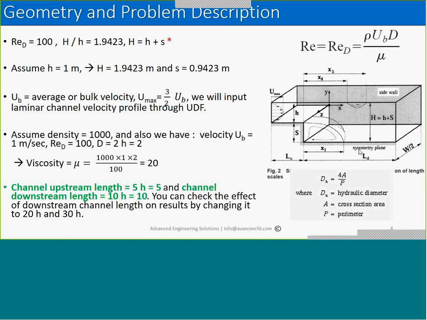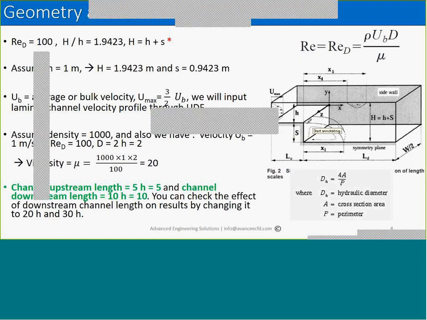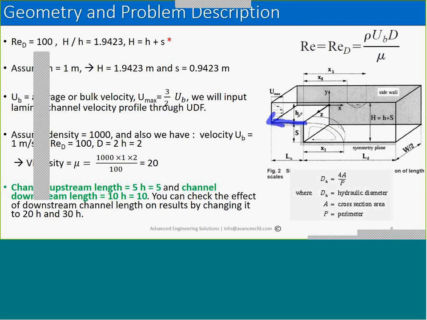Okay, next thing is about the length of the upstream and the downstream channel. This is a bit tricky. So we should be careful about these parameters. From the result, the separation point, the flow attachment point is at 2.7.